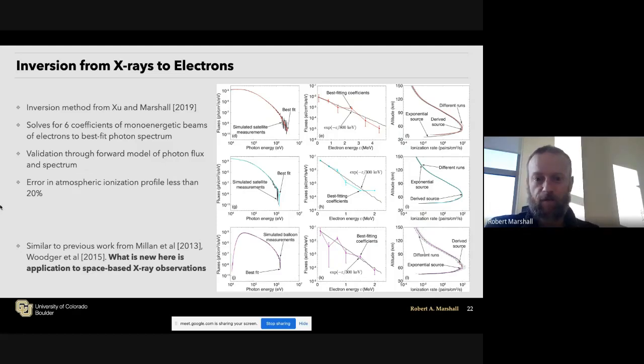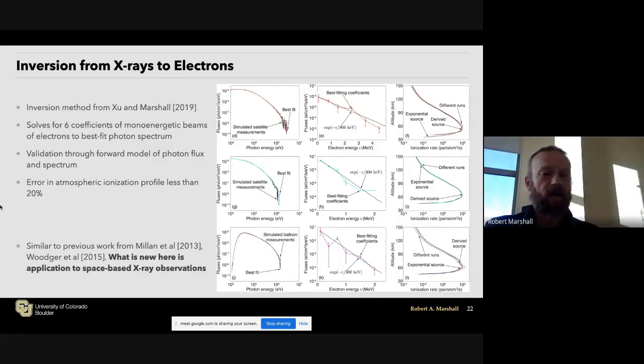The top two are at the satellite altitude for two different precipitating electron distributions, and the bottom is a balloon distribution. The tricky thing about this inversion is that the photon energy distribution does not strongly depend on the electron energy distribution. They look kind of the same for two different energetic electron distributions, so it can be very difficult to make that inversion because these distributions only vary ever so slightly.